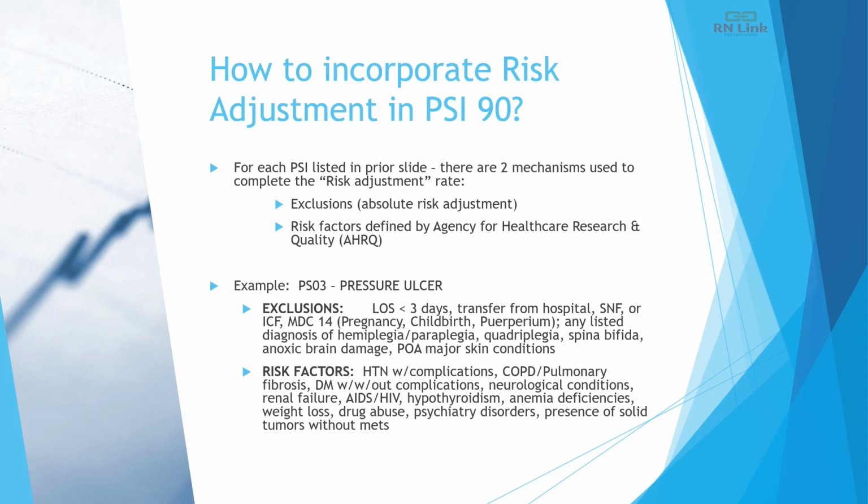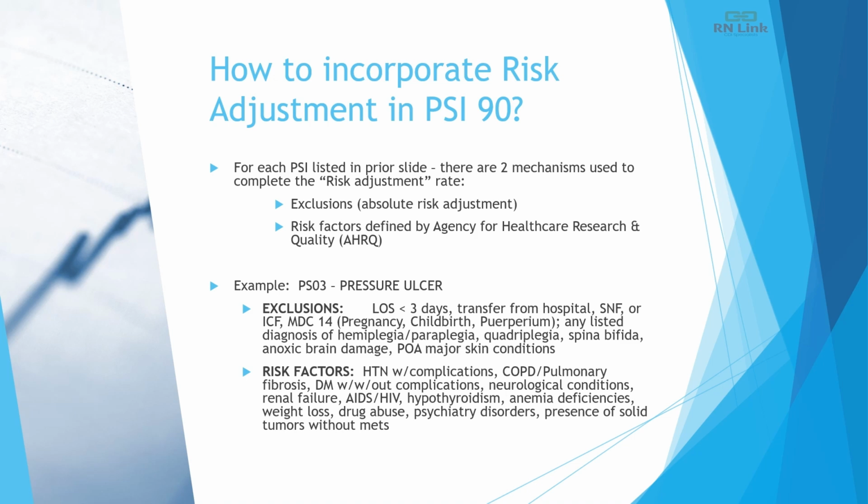For each PSI listed in prior slide, there are two mechanisms used to complete the risk adjustment rate. 1. Exclusions, absolute risk adjustment. 2. Risk factors defined by Agency for Healthcare Research and Quality, AHRQ. Example, PSI 03, pressure ulcer.